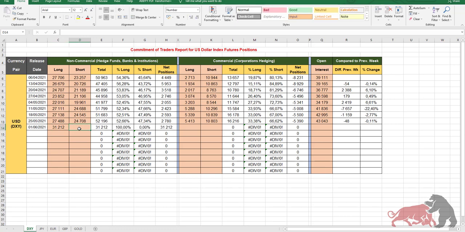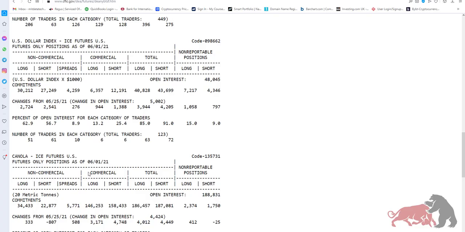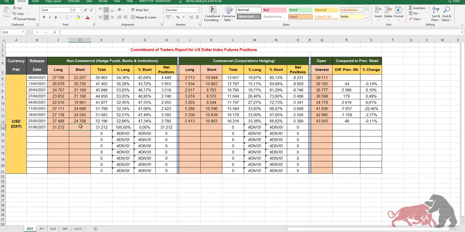You can see they've increased their long exposure. We didn't see a dollar rally today, take note. And then short positions, they are holding 27,249. So they've increased both sides of their holdings. For the short positions, they've increased by just above 3,000, and for the long positions, by about 4,000.